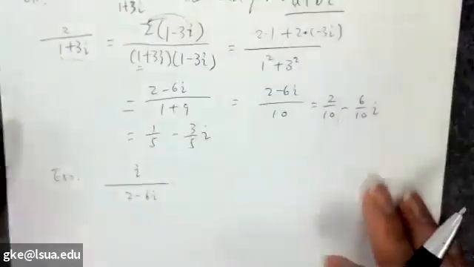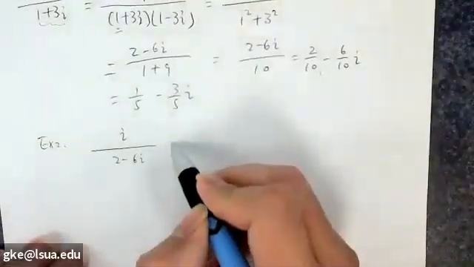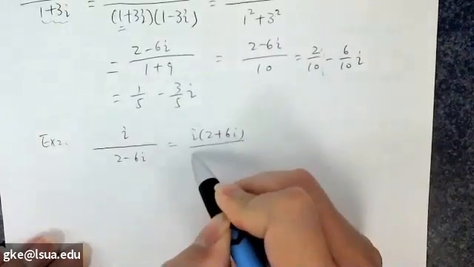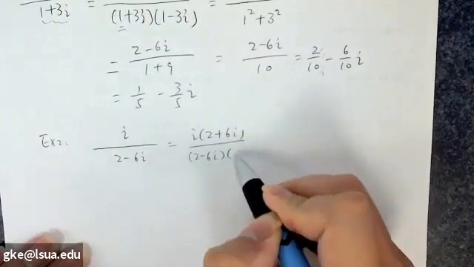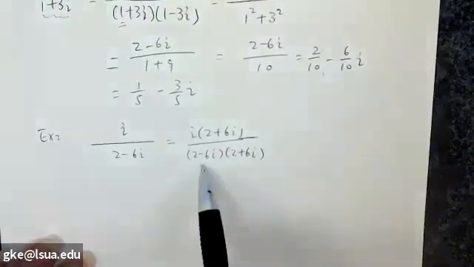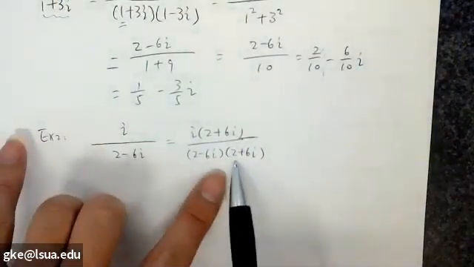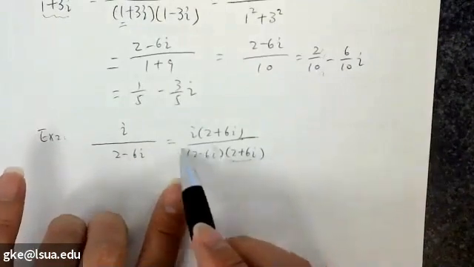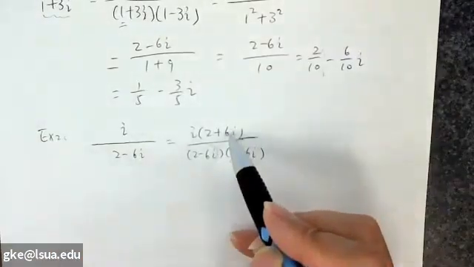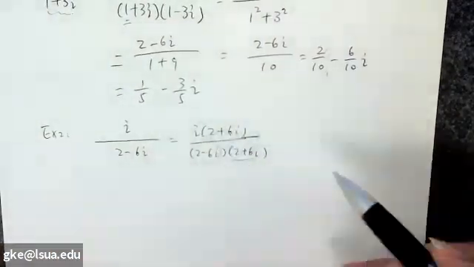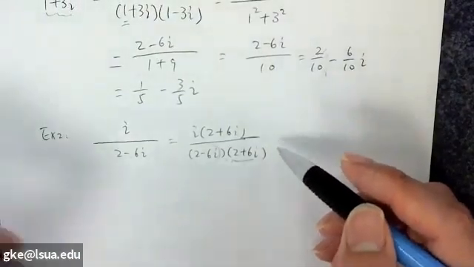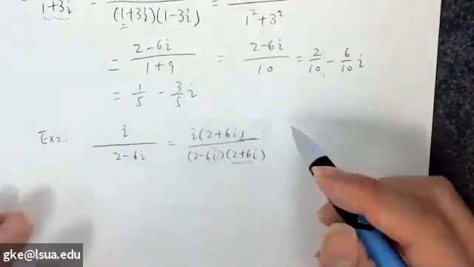Okay, now let me show you on the board. We times the conjugate, right? That's the first step, times the conjugate of this guy. 2 minus 6i, the conjugate is gonna be 2 plus 6i. And for the numerator, gonna times the same number, right? So the denominator is gonna be a squared plus b squared, and the numerator is gonna be a distribution.